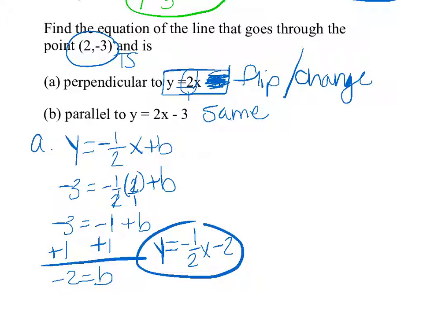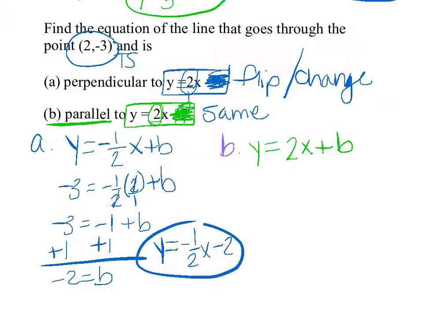For part B, oh, the color's not different enough. Let me pick a different one. For part B, we've got y equals. Now I have to figure out my slope. I'm supposed to be using this for my parts line. I don't care about this. Hate it. Go away. What I do care about is my slope. I want to keep it the same. It's parallel. We keep it the same. So I plug in 2x plus b.